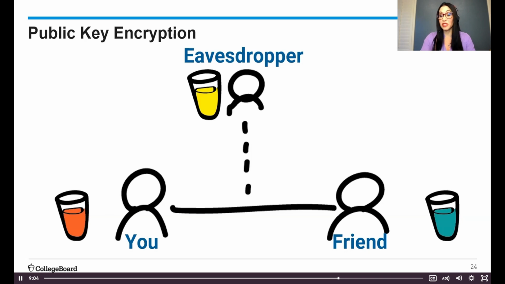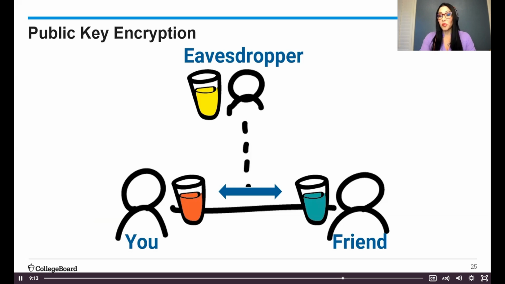You mix your smoothies, yours with banana and strawberry, hers with banana and blueberries. You keep your private fruit and send your mixture to your friend. She keeps her private fruit and sends her mixture to you. You now have her banana blueberry smoothie, and she has your banana strawberry smoothie.